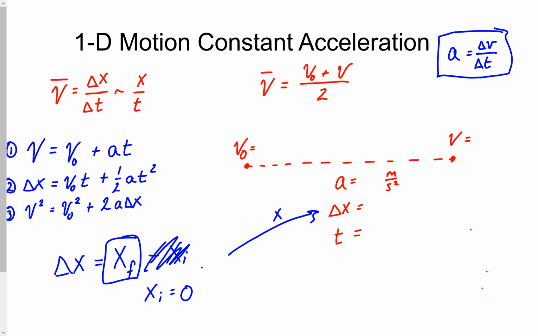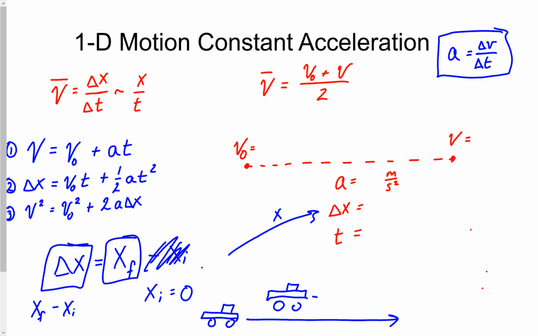If you're taking a basic physics course, about the only time you're going to actually need x final minus x initial is if you're doing what I refer to as a chase problem. I'll work a couple of those. For example, you've got one car sitting still and another car coming up behind it, passing by, and they chase each other and catch the other one.